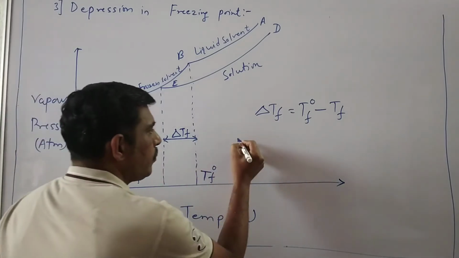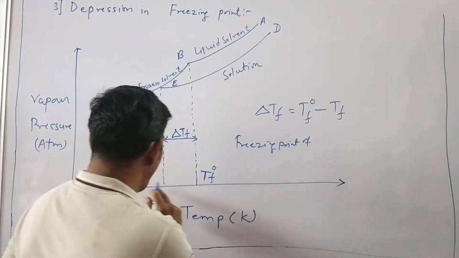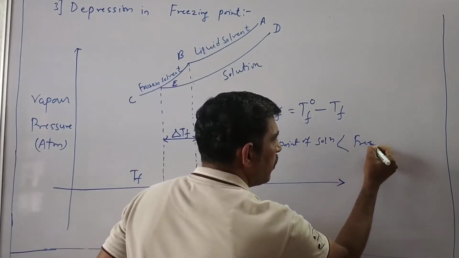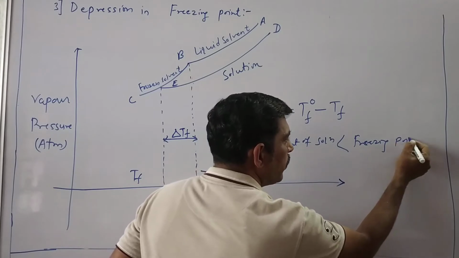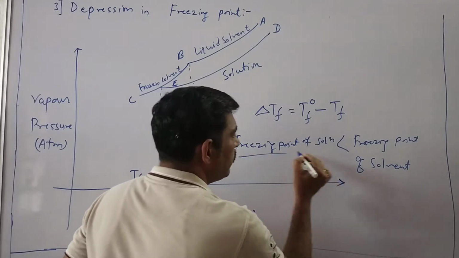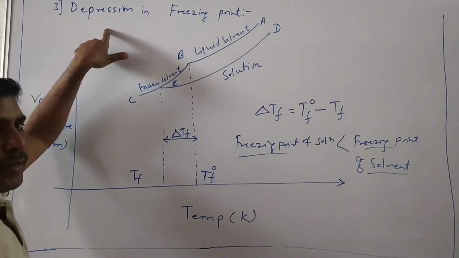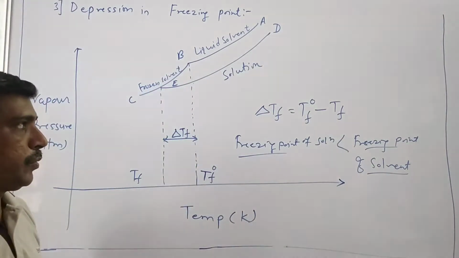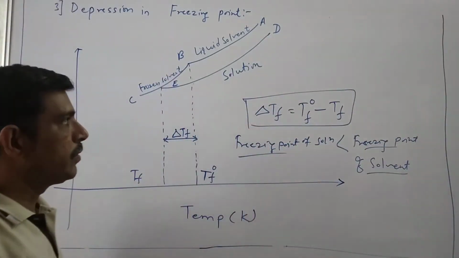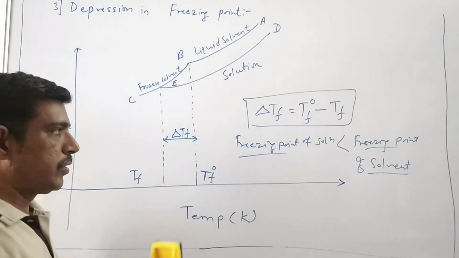That means the freezing point of solution will be less than the freezing point of solvent, and this is nothing but the depression in freezing point of a solvent present in the solution. This is a very important equation we get from this graph, and we will use it for the next expression.